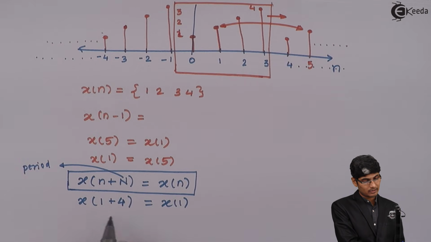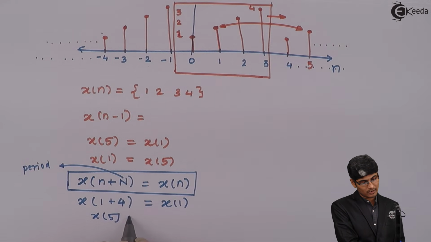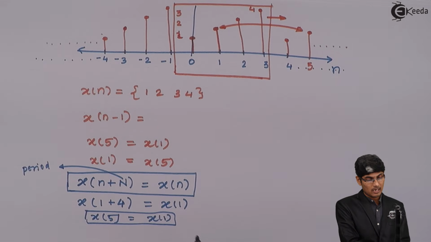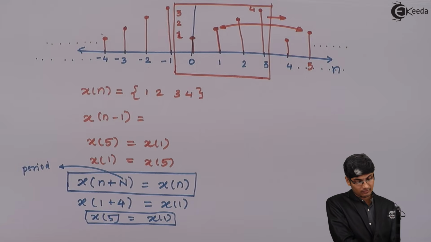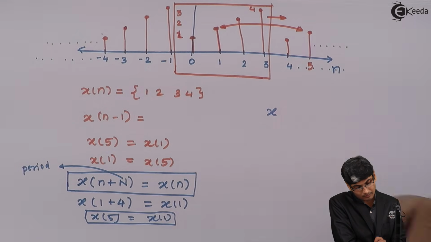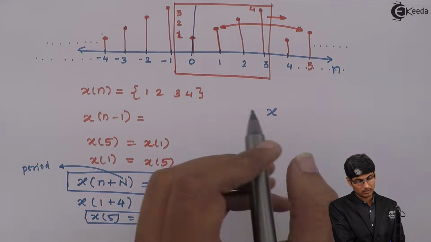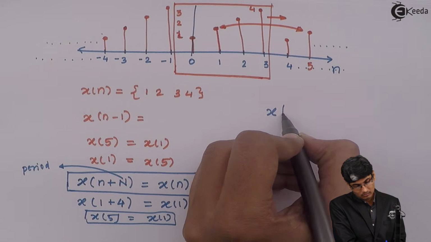From this you can easily see that x of 5 equals x of 1. And in this way you can go on finding the other values. Suppose I want x of minus 1.